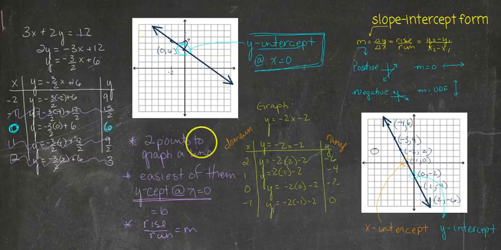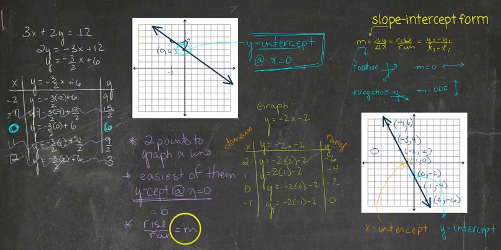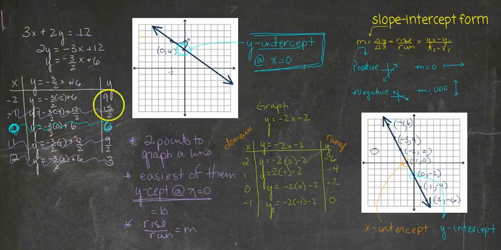So 2 points to graph a line. The easiest one of them is the y-intercept, and the next one, find using the slope. That means I really don't have to do any of this work. I don't have to do this work because I know where it is, and I don't even have to do this work because I can use the slope in the equation to get my next point. The only question is, where the heck is the slope?